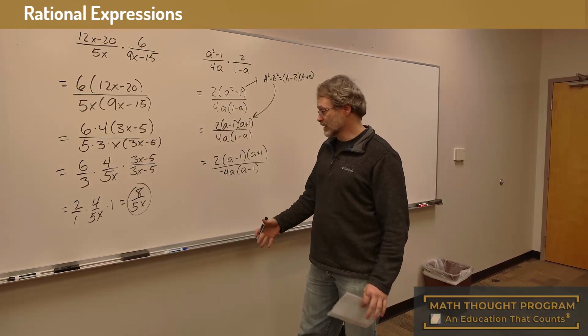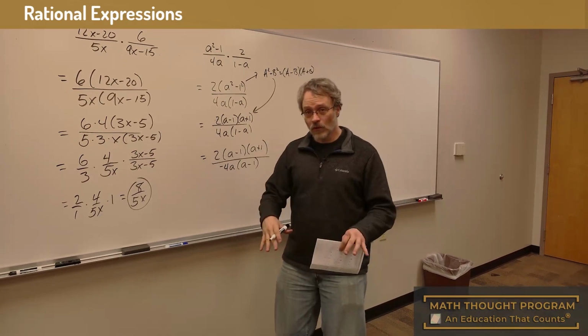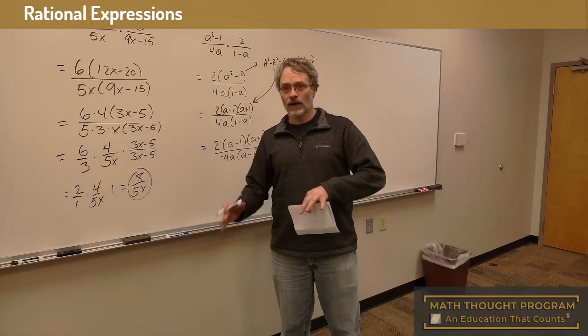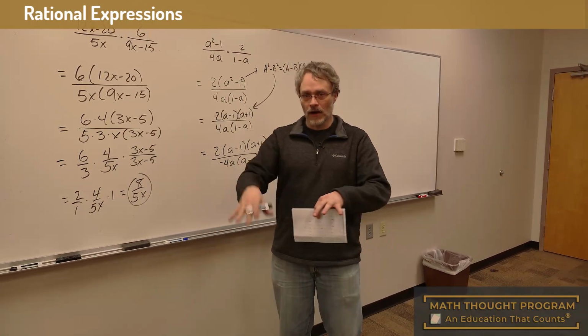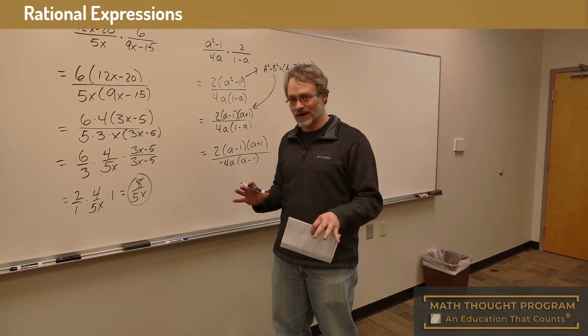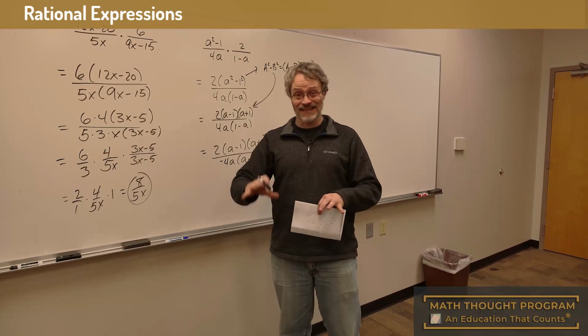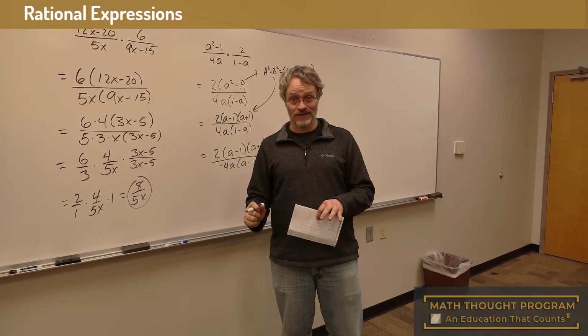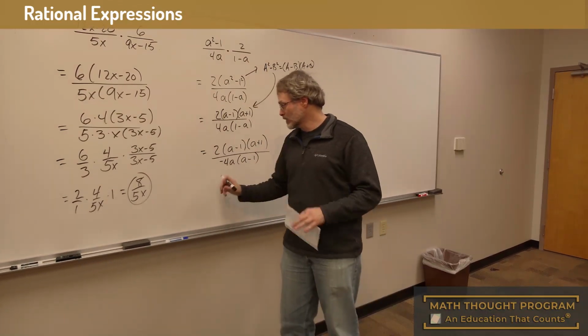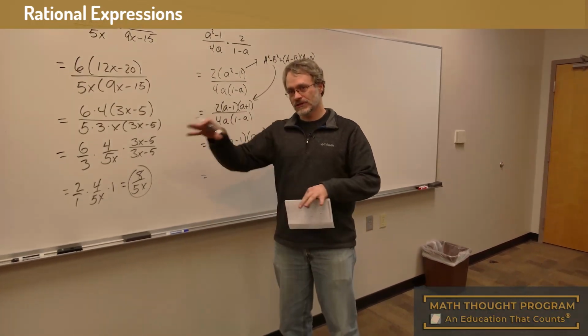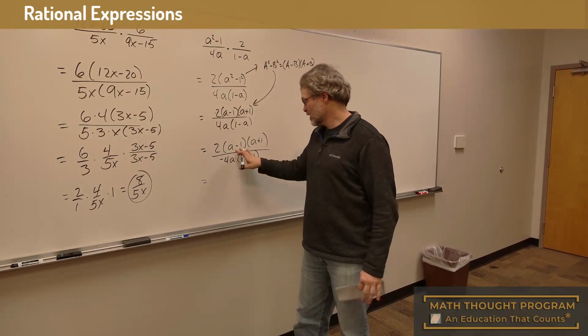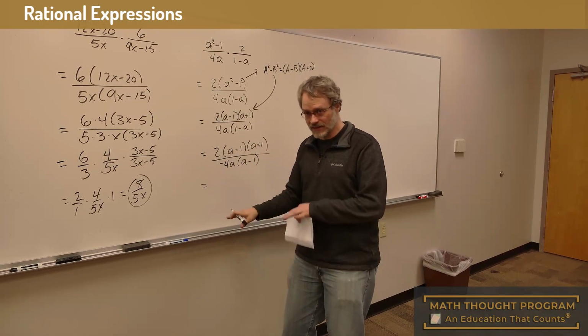And what I want to do again is I want to avoid crossing things out. I want to break that habit. I want to make sure that I'm actually going through the math the right way. So I'm setting myself up for success and not for failure down the road. So what I want to do is I just want to push some terms off. I have the a minus 1. I see it down below.